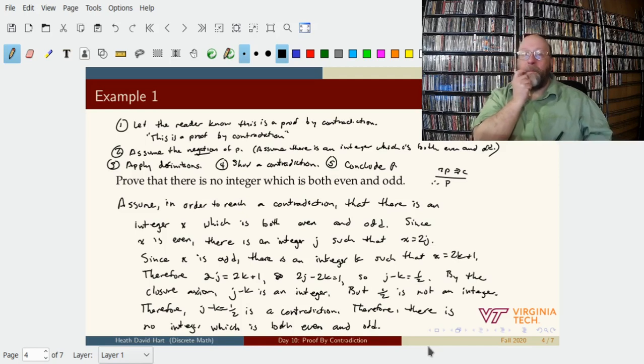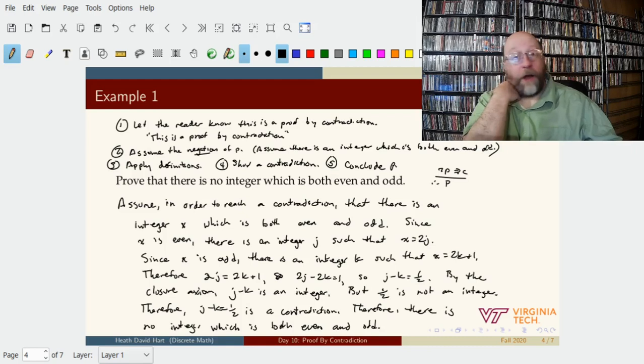Let the reader know that this assumption you're making, you're not crazy, you're assuming it for a reason. So let the reader know that this assumption is in order to reach a contradiction, that you're going to prove something by contradiction. You can combine statements 1 and 2 the way we did here.